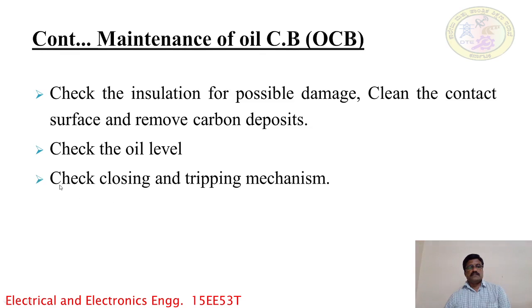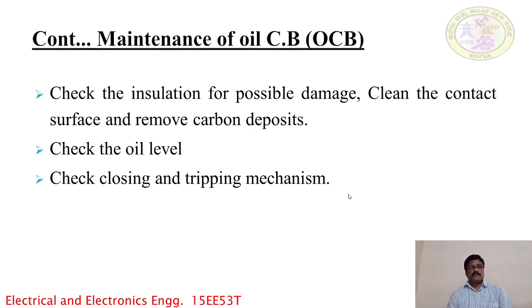Next, check the closing and tripping mechanism. We know the circuit breaker operates by the trip mechanism. The relay of the circuit detects the fault, and the tripping coil sends the signal for interruption of the circuit breaker.